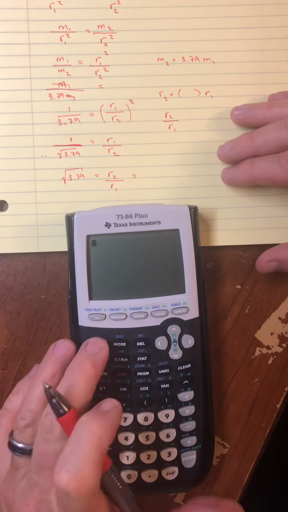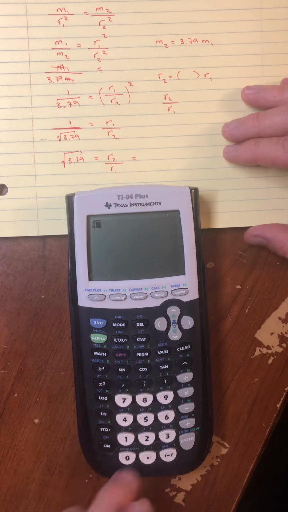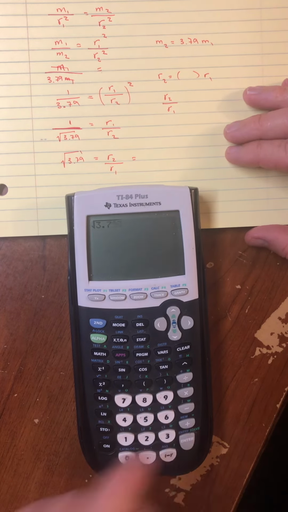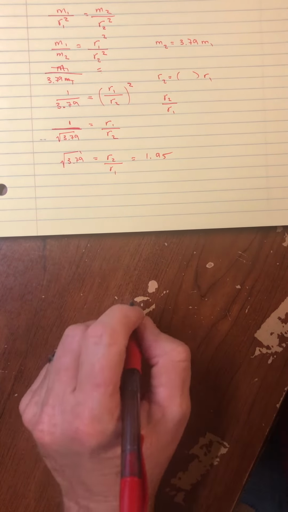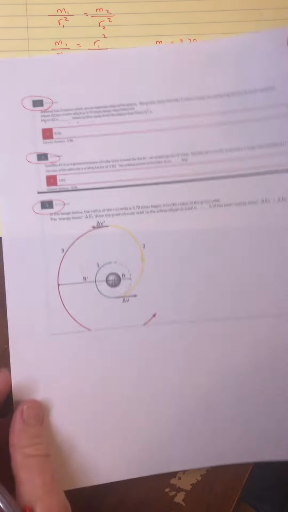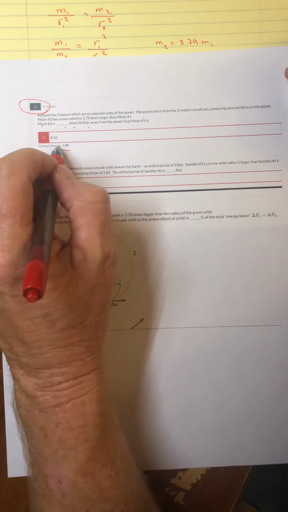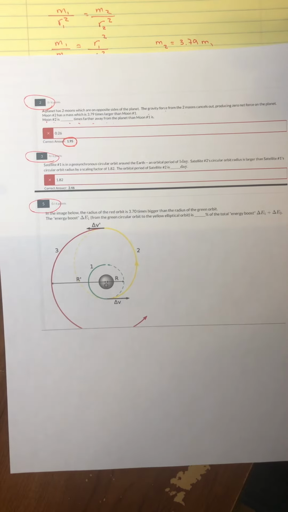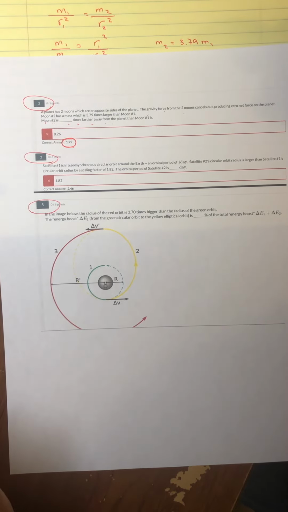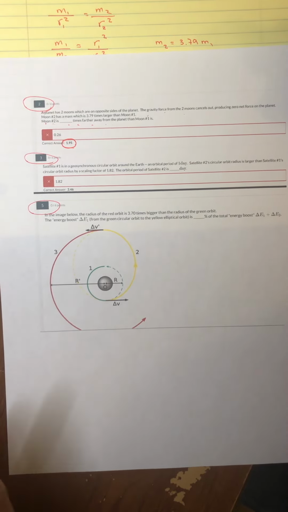Grabbing my calculator, I'll take the square root of 3.79, hit enter, and get about 1.95. So that's what they would be looking for, and in the solution guide, there it is, 1.95 further away. Almost twice as far.